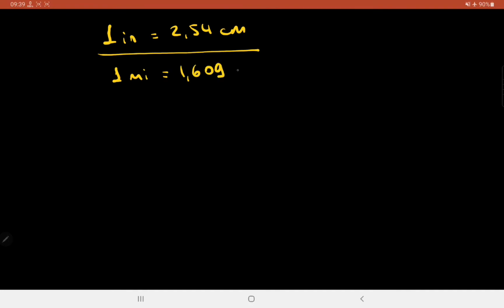For example, 1 inch equals 2.54 centimeters. 1 mile, mi, equals 1.609 kilometer. 1 mile per hour equals 0.447 meter per second.